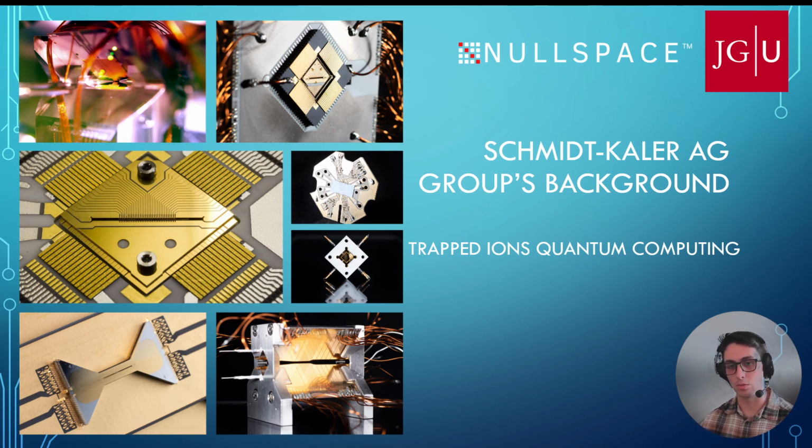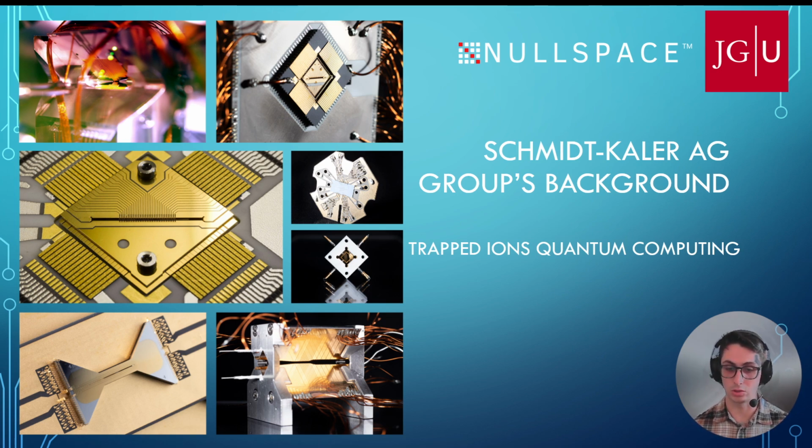We work mostly with trapped ions quantum computing, which is thought to be one of the two main architectures for achieving usable and scalable quantum computing, together with superconducting qubits. To do so, we need to develop the hardware.